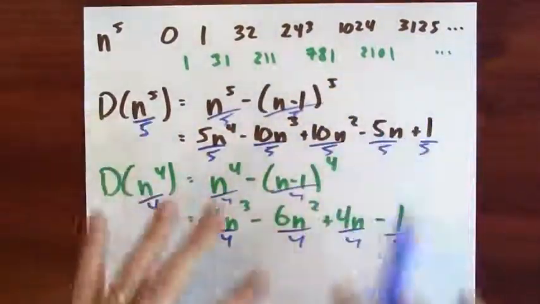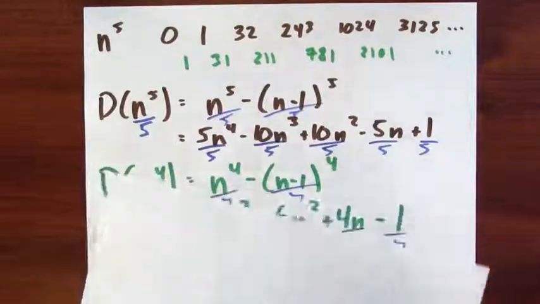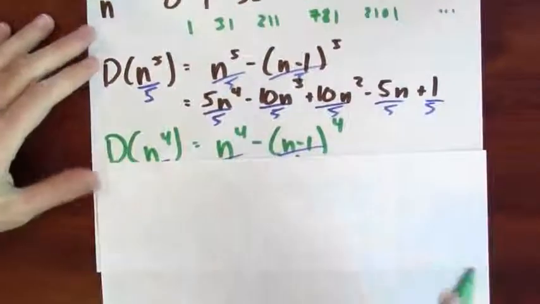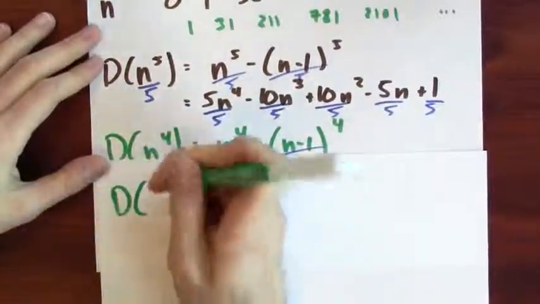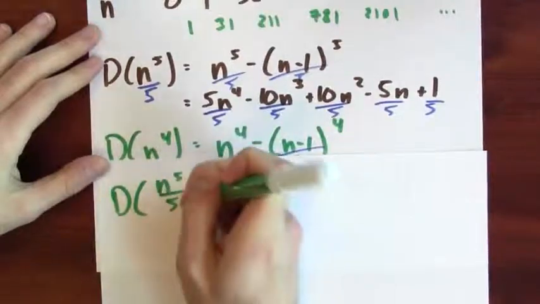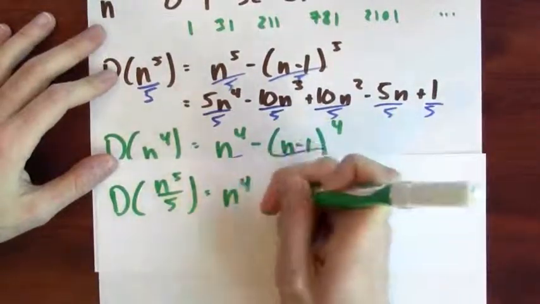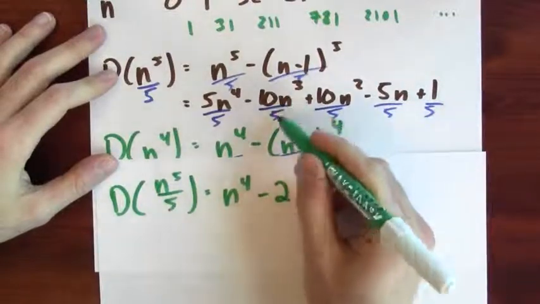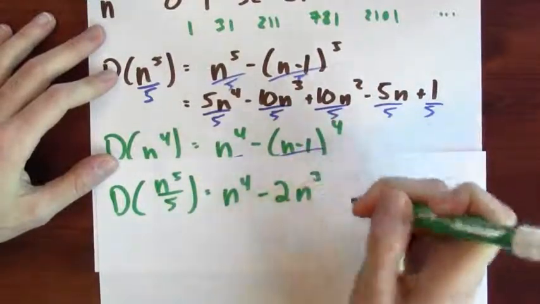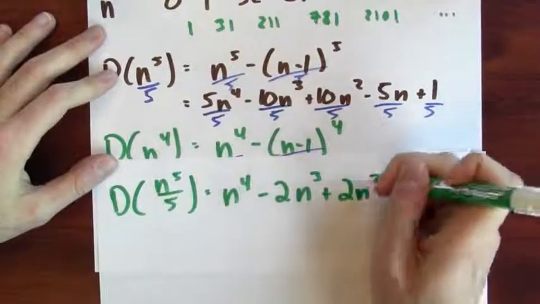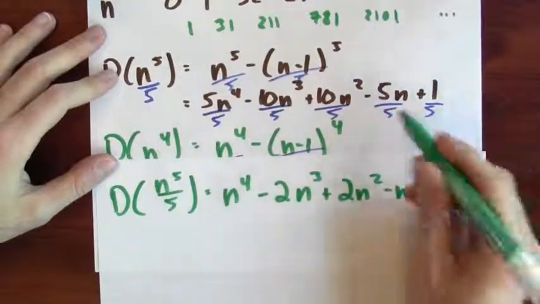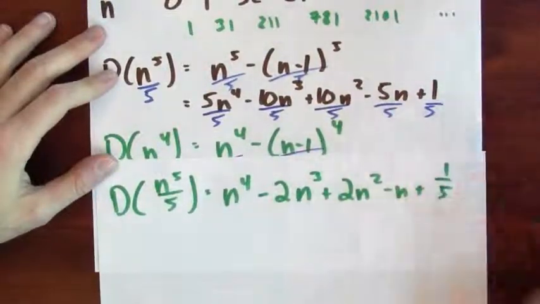So let me just write down what we've got here and summarize the resulting formulas. So the differences between n to the fifth over 5, well, according to this, that'll be n to the fourth minus 2n cubed plus 2n squared minus n plus a fifth.